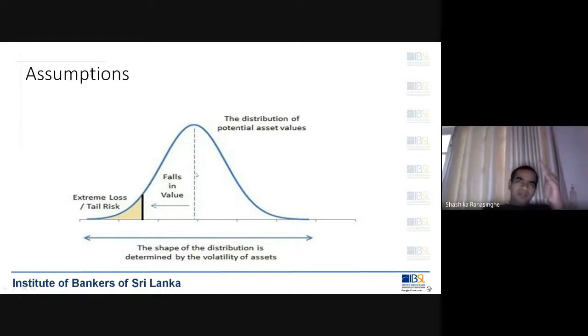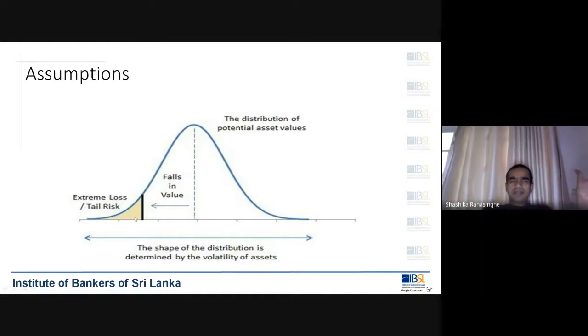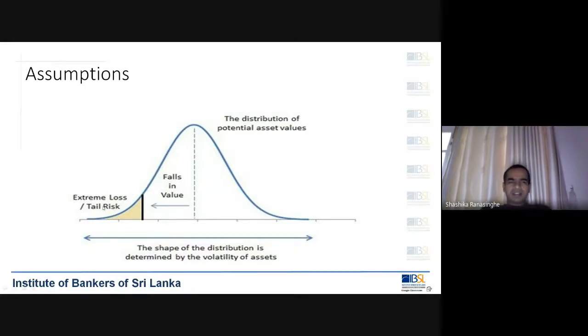And now normally when you plot distributions above average and below average, your losses will come when it's below average, right? So below 50% is below average, and the losses will be towards the left side, right? Extreme loss. It's called the tail risk, what you get here on the left side.